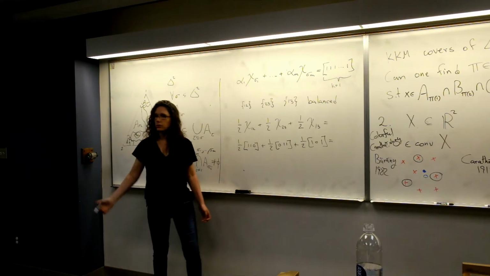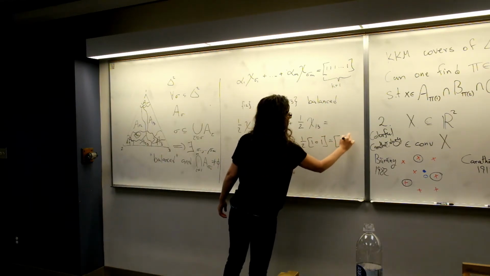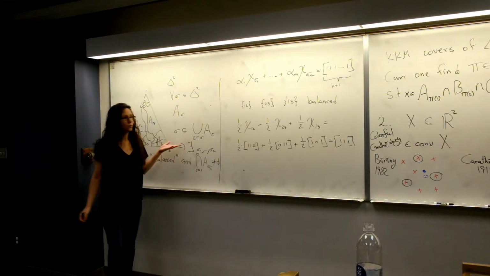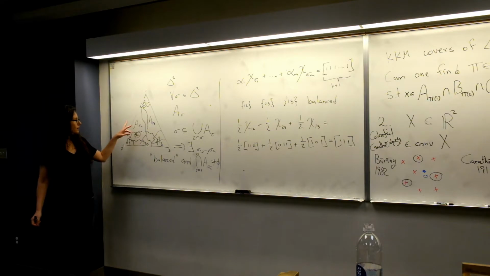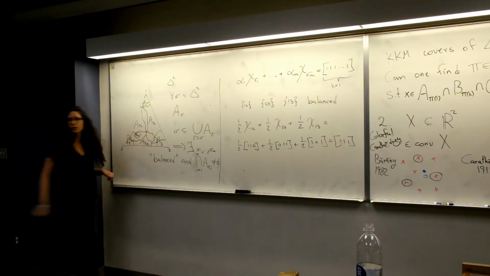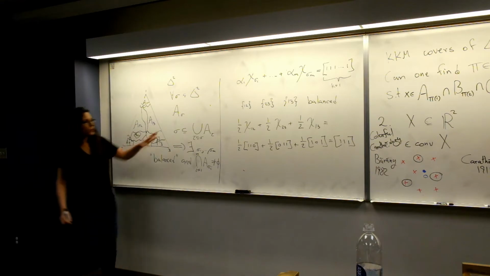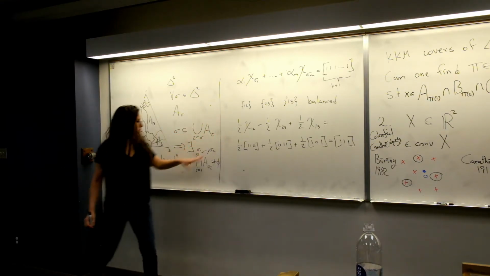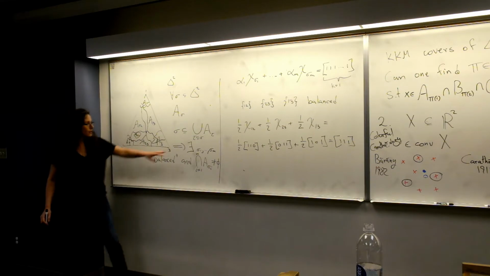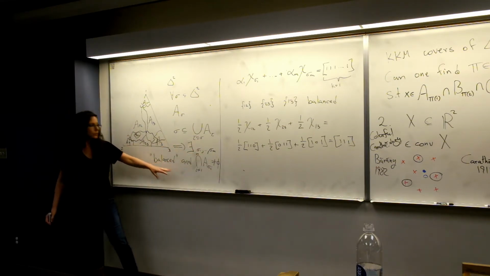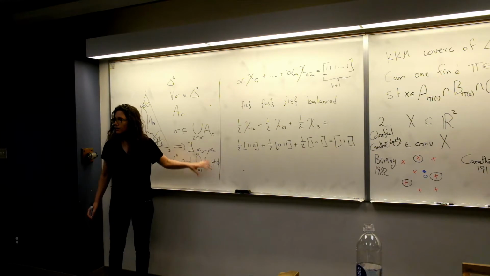And this sums up to 1, 1, 1, the characteristic vector of delta 2. And indeed, we see in this example that the intersection of A12, A13, and A23 is not empty. So the theorem promises us that we can always find such a set of faces, sigma 1 to sigma m, such that those faces are balanced, and simultaneously the corresponding sets intersect.